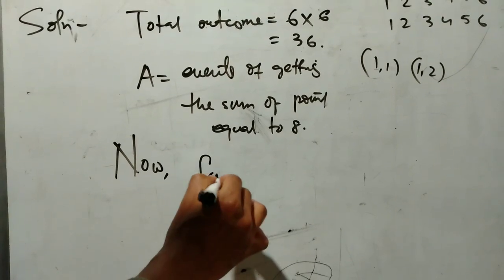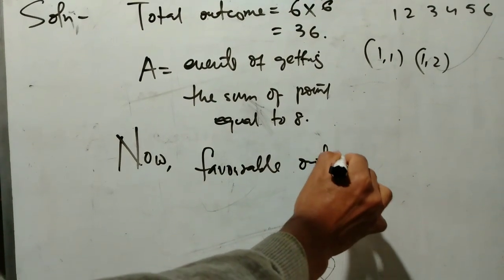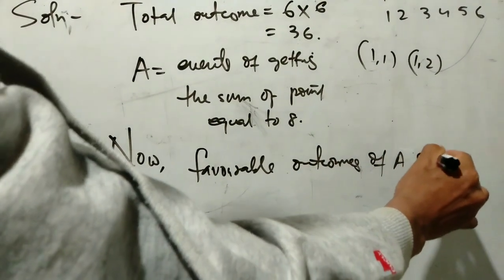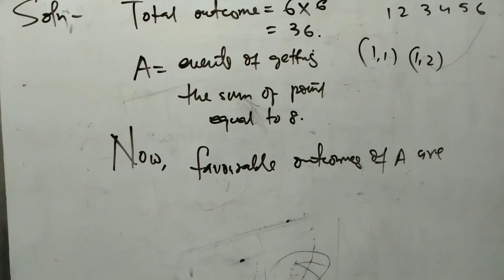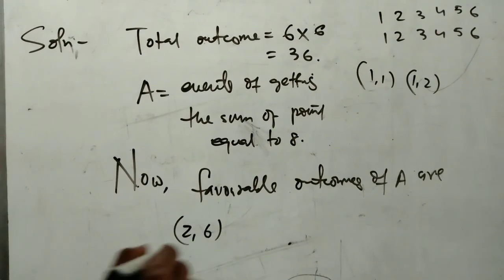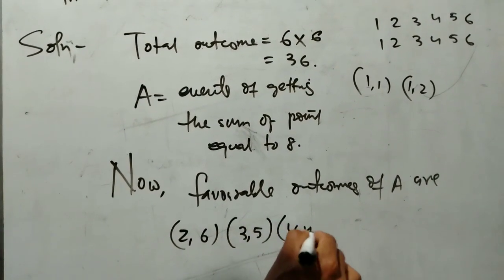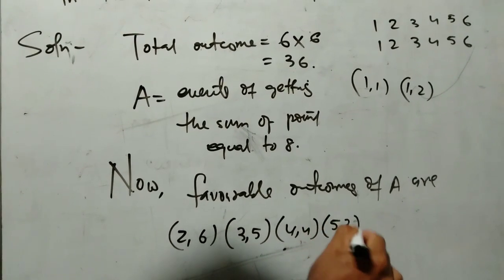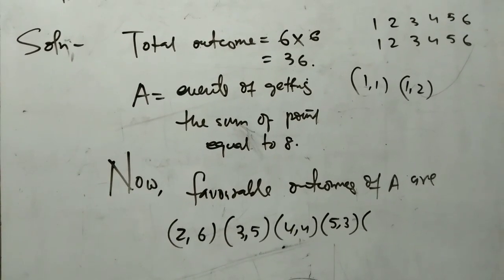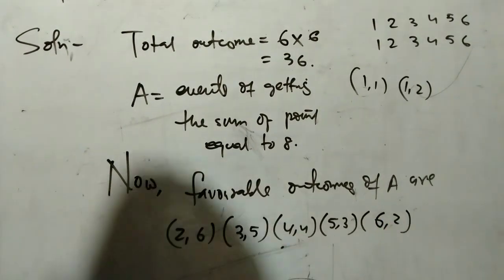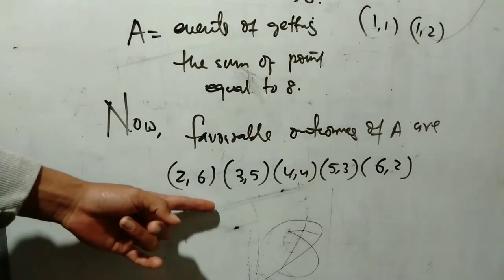Now, favorable outcomes of A. The outcomes of A are 2 and 6, 3 and 5, 4 and 4, 5 and 3, and 6 and 2.